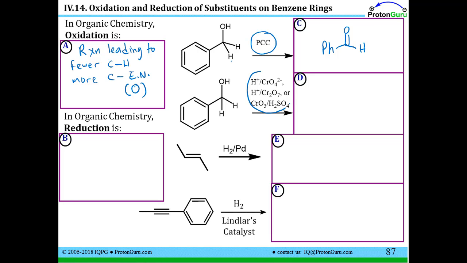Now, any of these other stronger oxidizing agents we learned about earlier in the course are capable of removing all the CH bonds that are on the alcohol carbon. So you take two H's away. That carbon's going to need to make up those two bonds, and where does it get those bonds? Well, oxidation is a reaction where you try to make more carbon to electronegative atom bonds, in this case carbon to oxygen bonds.